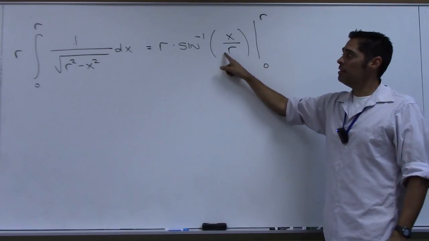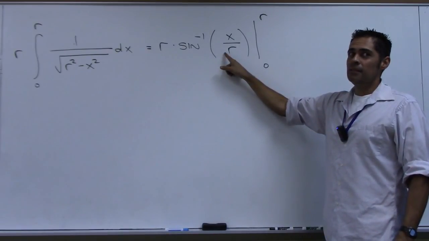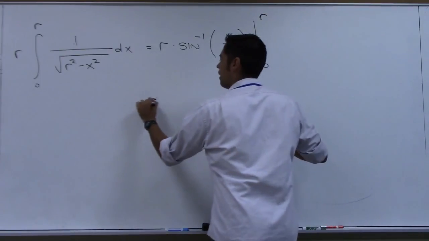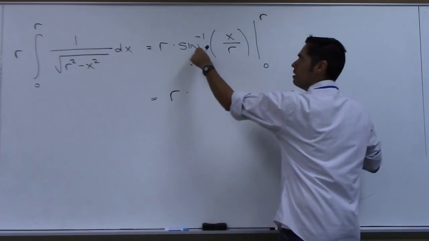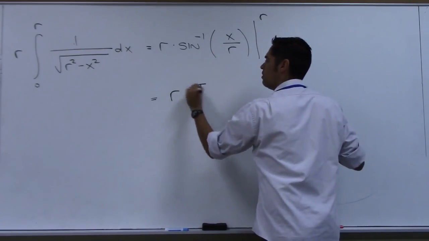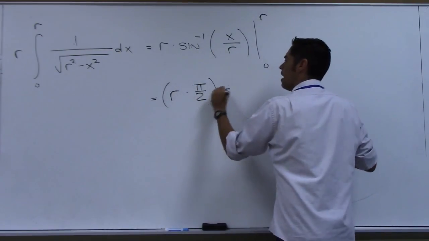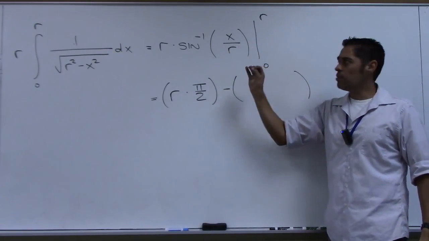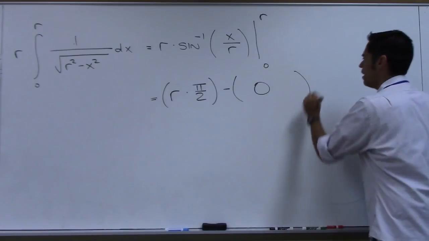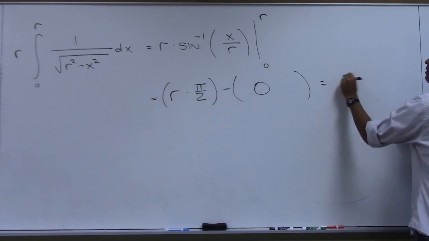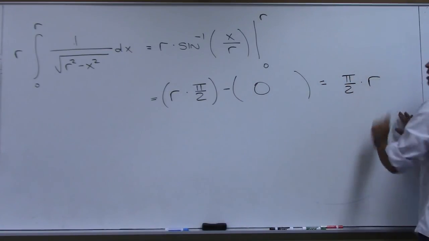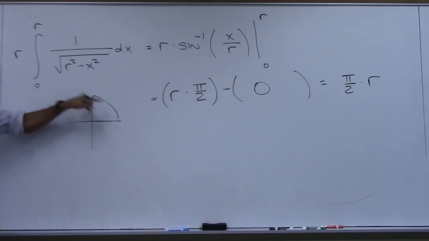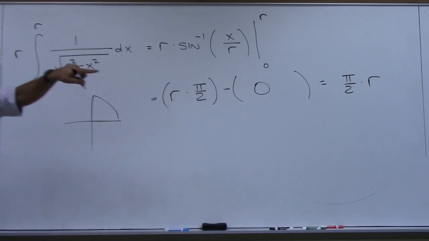Arc sine of 1? Pi over 2. So we get r times arc sine of 1, which is pi over 2, minus now, plug in 0, arc sine of 0 is 0, who cares? So our answer is pi over 2 times r. But that's only the first piece. Times 4, 2 pi r.